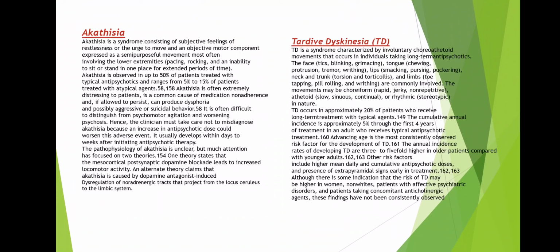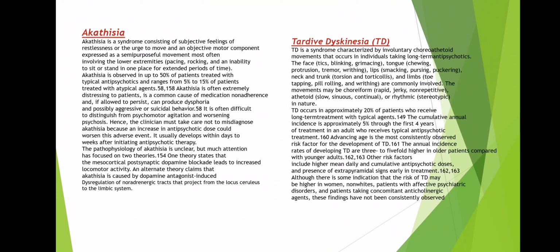Hence, the clinician must take care not to misdiagnose akathisia, because an increase in antipsychotic dose could worsen this adverse effect. It usually develops within days to weeks after initiation of therapy. The pathophysiology of akathisia is unclear, but much attention has focused on two theories.